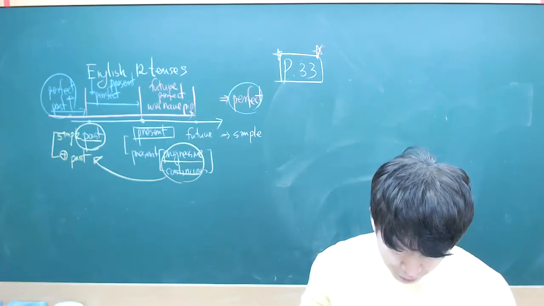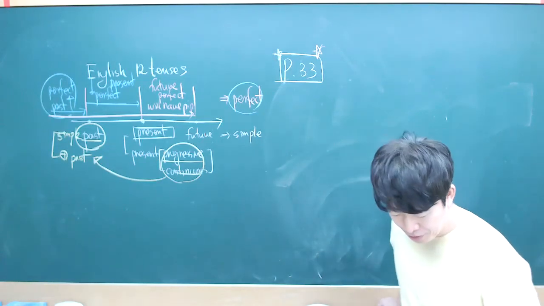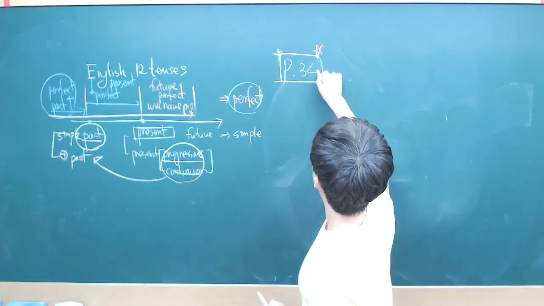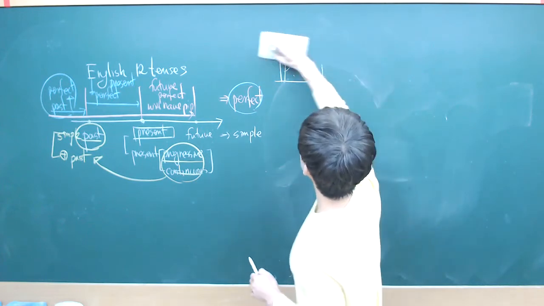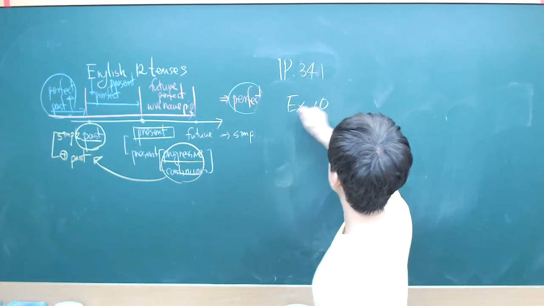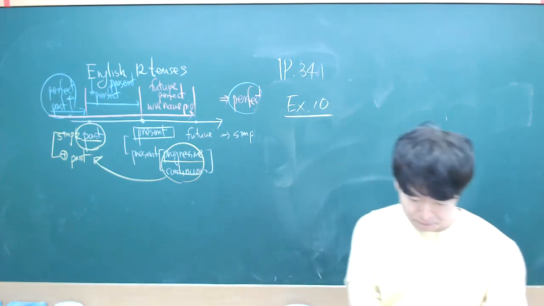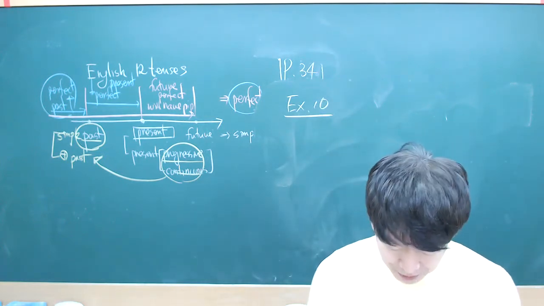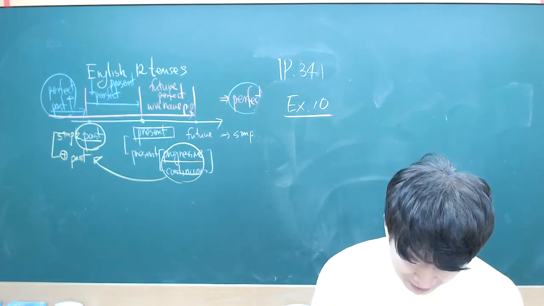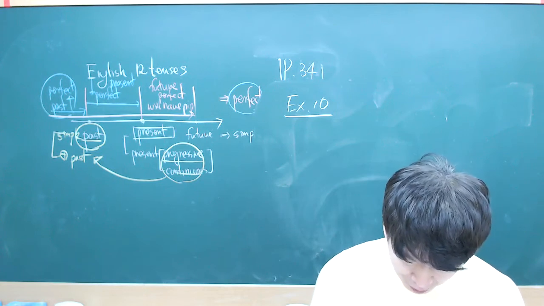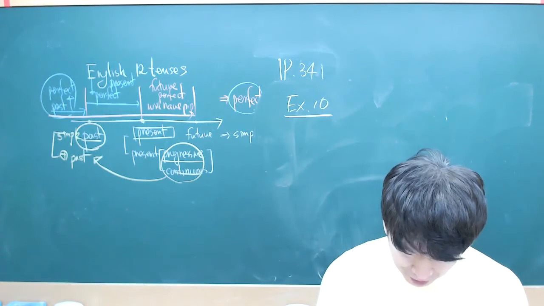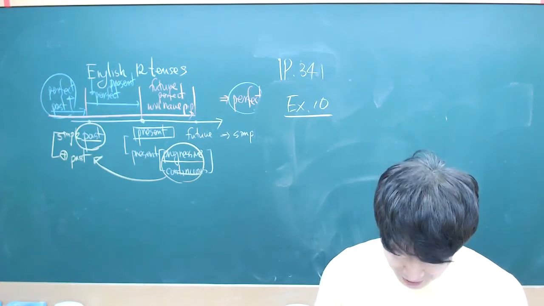Okay, let's do exercise 10 on page 34. Page 34, exercise 10. Direction: complete each sentence with the simple past of any irregular verb that makes sense. There may be more than one possible completion. Okay, question 1. Maria walked to school today.